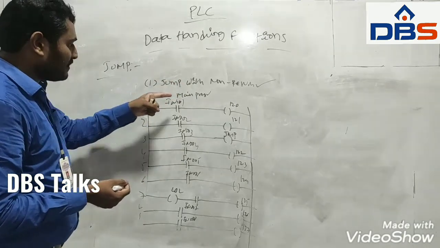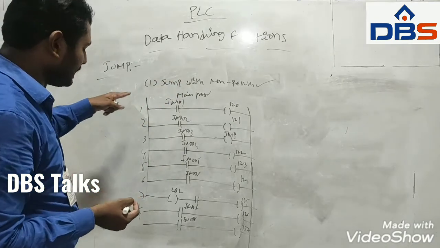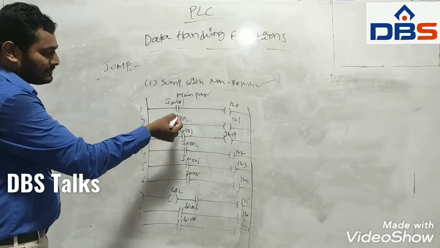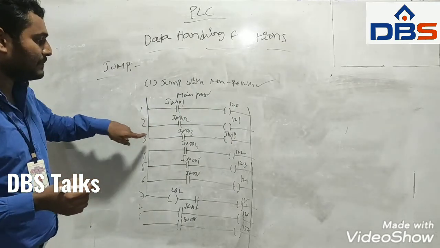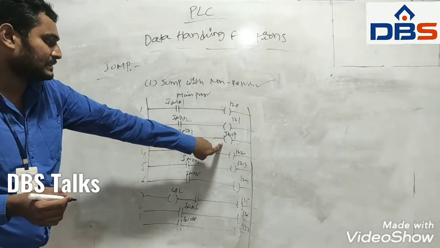In that main program I am considering an 8-line program, with inputs and outputs. At the third line I am putting a jump instruction.